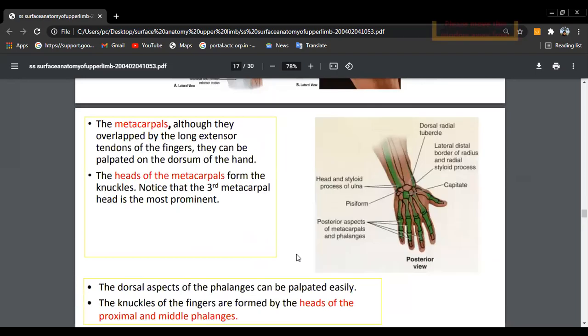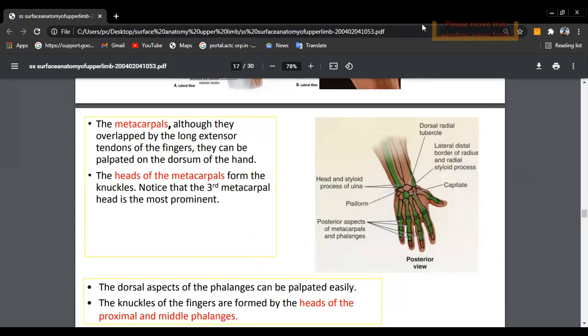Okay, then we have the metacarpal bones. Although they are overlapped by the long extensor tendons of the fingers, they can still be palpated because our skin over here is very thin and the muscles are not very bulky, right? Then we have the heads of the metacarpals. They articulate with the proximal phalanges and form the knuckles.